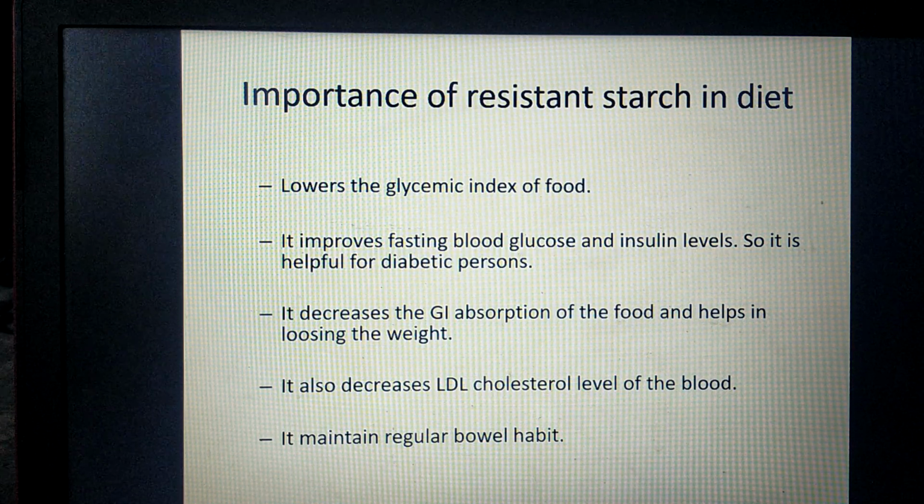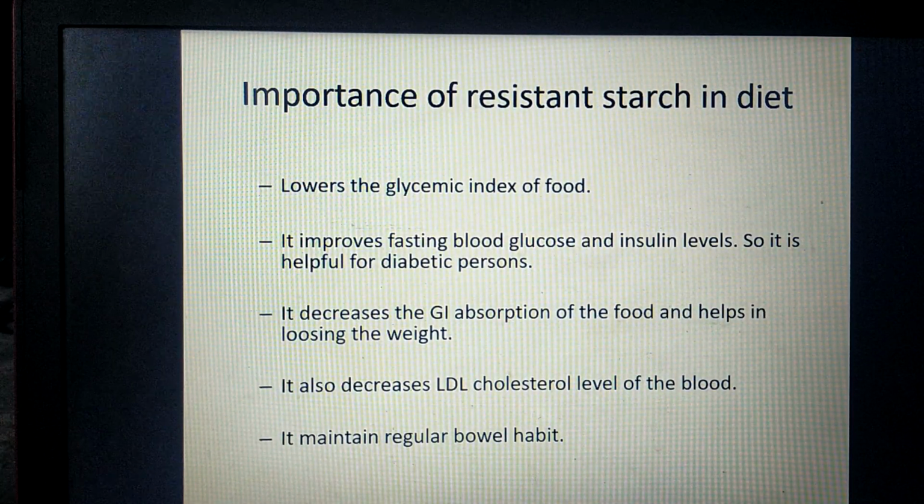Resistant starch also improves the fasting blood glucose level and insulin secretion, so it is helpful for diabetic persons. It decreases the absorption of food from the GI tract and helps in losing weight. Resistant starch also decreases the LDL cholesterol level of the blood.